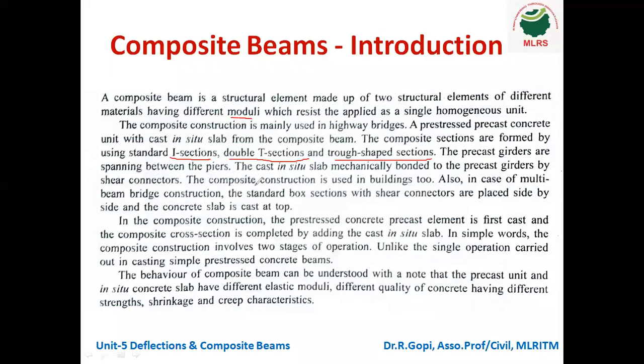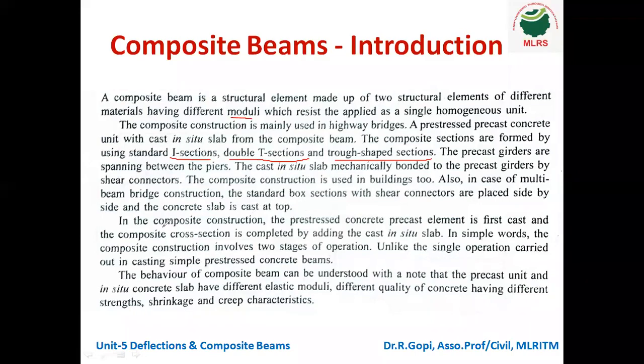Composite construction is used in buildings too. Also, in multi-beam bridge construction, standard box sections with shear connectors are placed side by side, and the concrete slab is cast at the top.